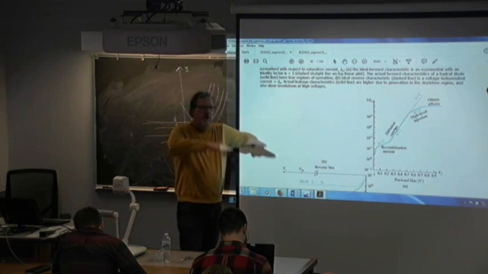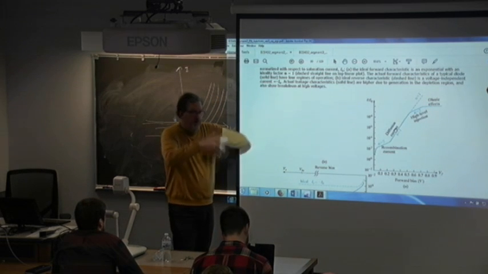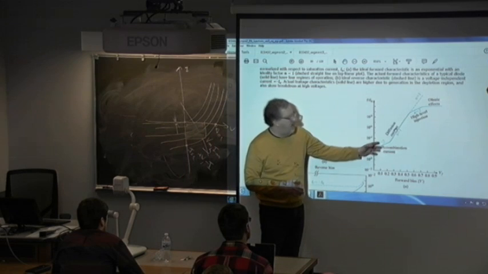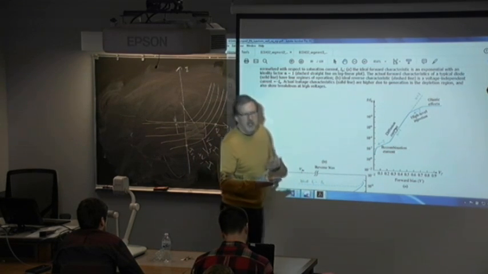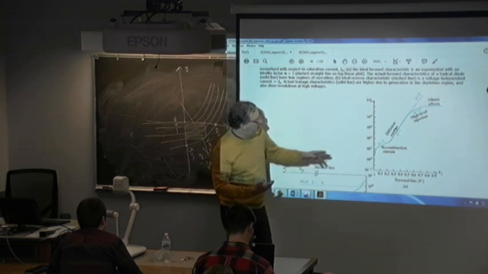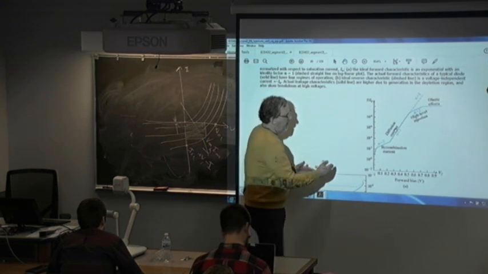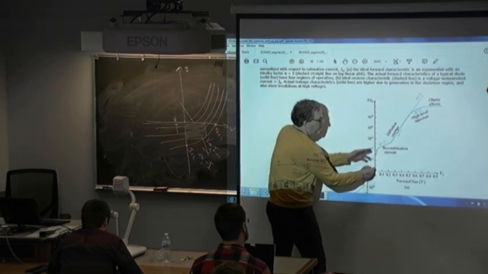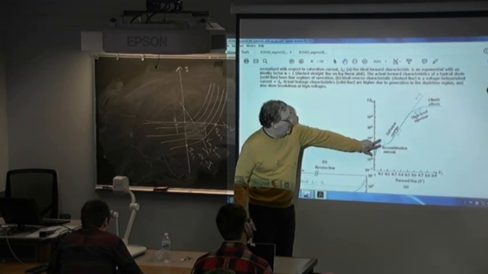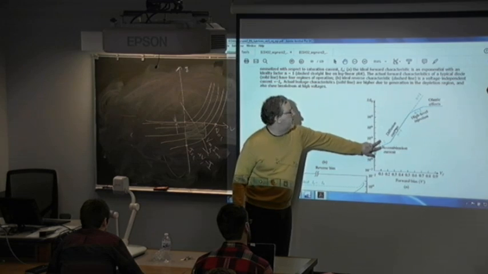So there's very little diffusion current. This drift is still happening. So it's really recombination generation, just like a reverse bias diode, still taking place. So the diode does not start at 0, it starts here really. And so this is dominated by generation recombination.